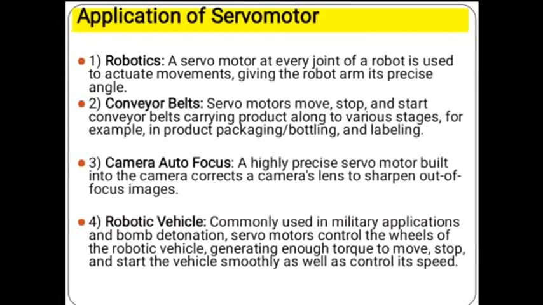Second one is conveyor belts. The servo motors move, stop and start conveyor belts carrying products along to various stages, for example in product packing, bottling and labeling.